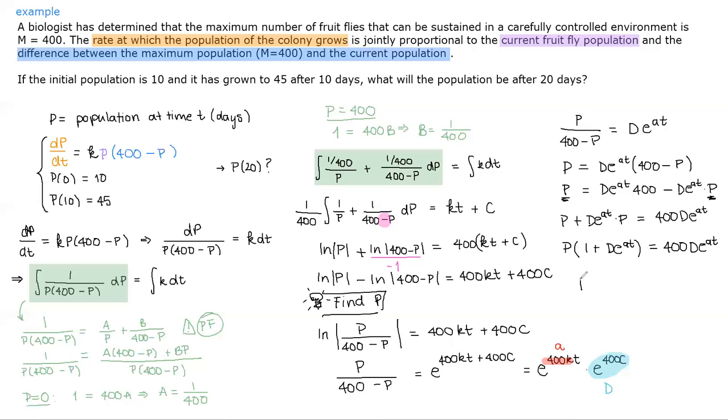And finally, this means that p times 1, oops, no, the whole point was to divide. So I'll divide by 1 plus d e to the at, and I get that p is equal to 400 d e to the at divided by 1 plus d e to the at.